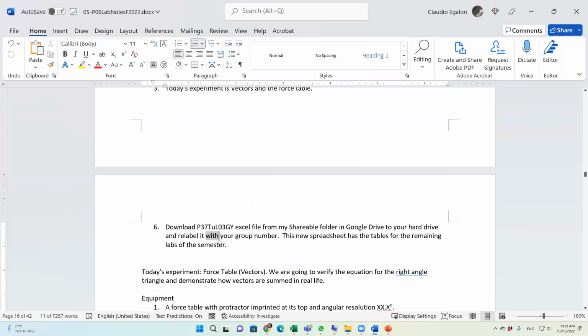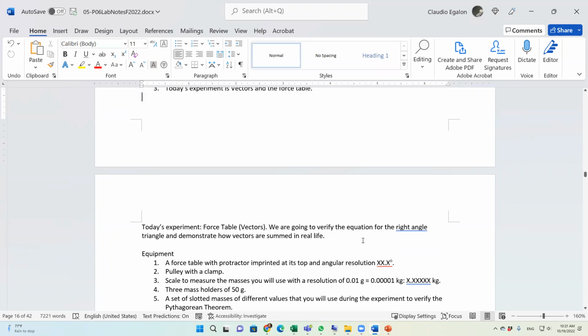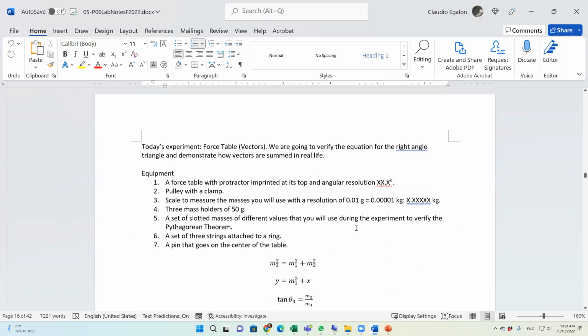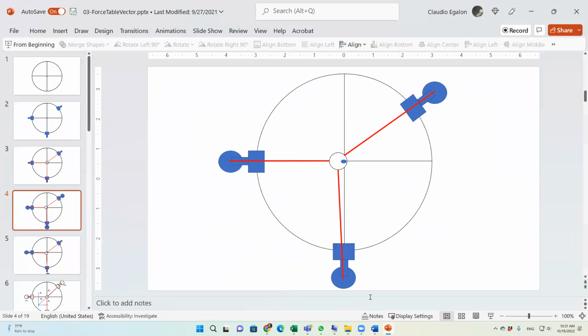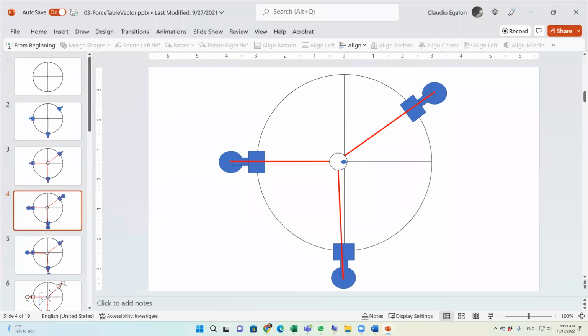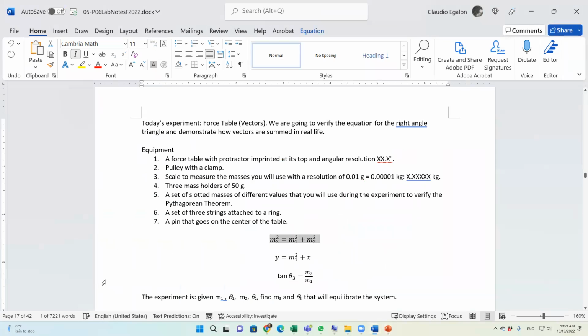Okay, so take this one out. According to the Pythagorean theorem, remember, you're going to put mass, let's say this is mass 1, this is mass 2, and you're going to come up with a resulting force given by the square root of the sum of the squares of those 2 forces. And that's what we have right here.